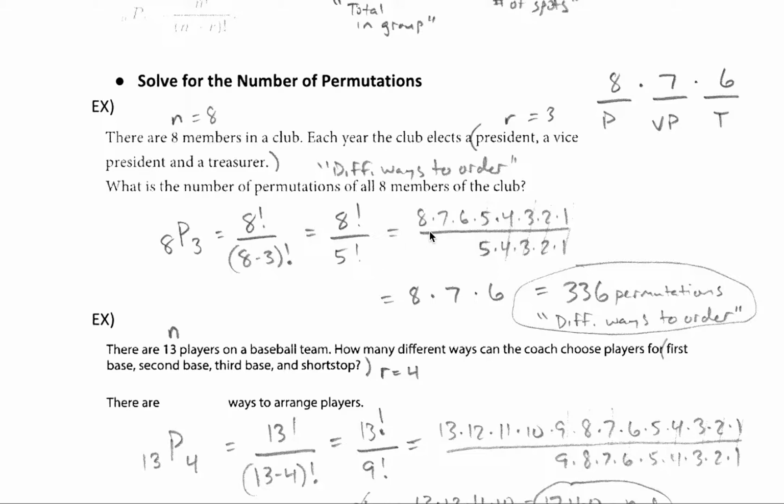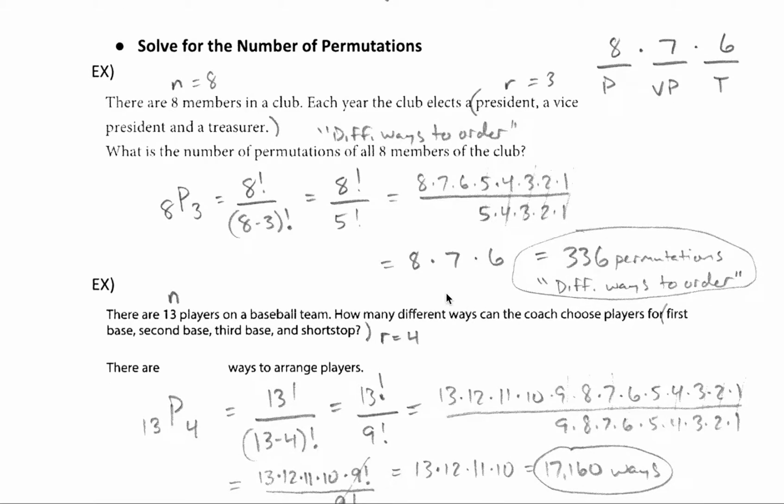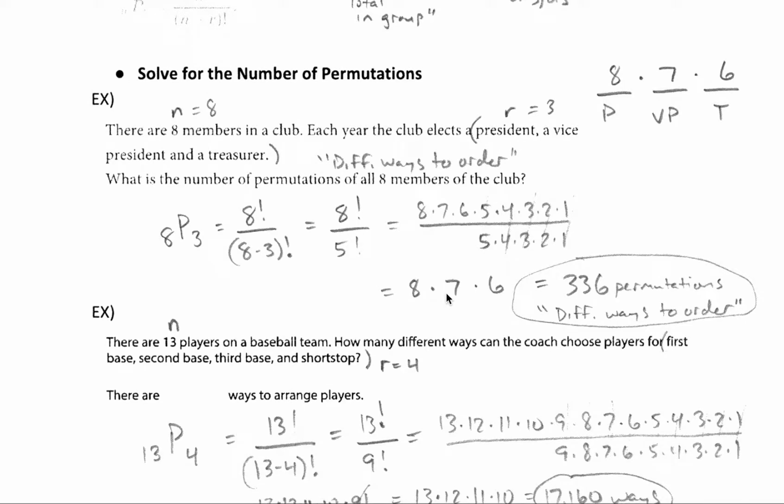We know that everything from 5 below is going to cancel on top and bottom. We could write it out longhand and then cancel our common factors on top and bottom, leaving behind 8 times 7 times 6, which is exactly what we thought of conceptually before we used our formula. And that's given us 336 different ways that we could pick 3 positions given 8 total people to choose from.